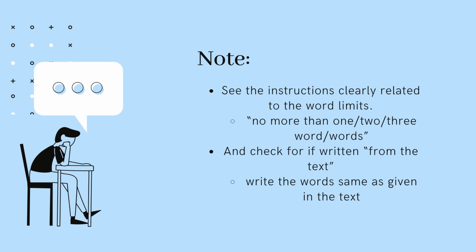If we write more words than the given word limit in the answer, we get the question wrong. Also, note that it says from the text. This means that we can't change the words from the text. We have to write the exact same words from the given text passage.